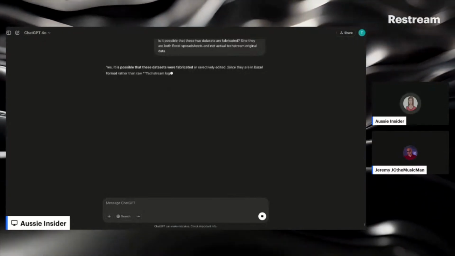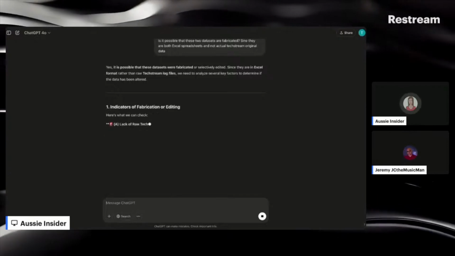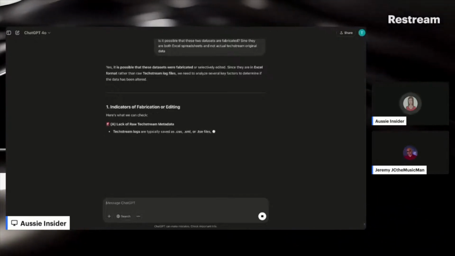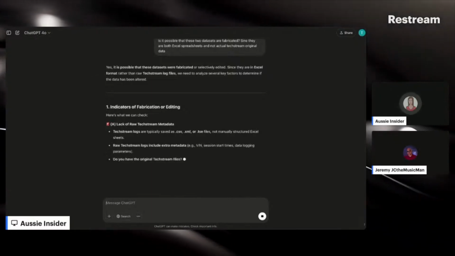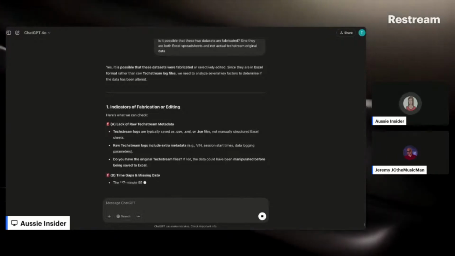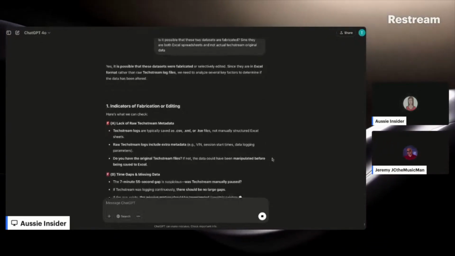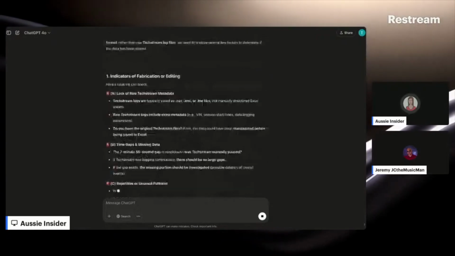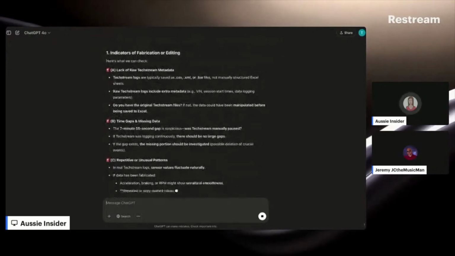Yes, it is possible that these data sets are fabricated or selectively edited, since they are in Excel format rather than the raw Techstream log files, which the defense still doesn't have access to. We need to analyze several key factors to determine if the data has been altered. 1. Indicators of fabrication or editing. A, a lack of raw Techstream metadata.